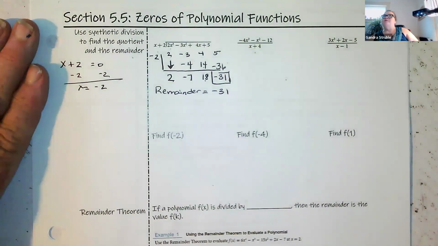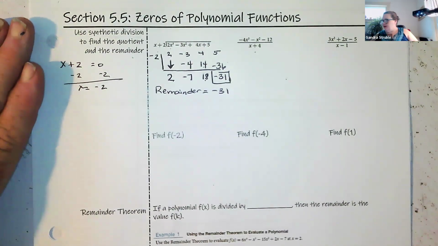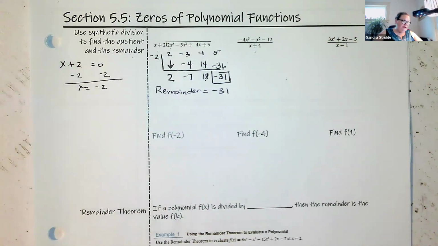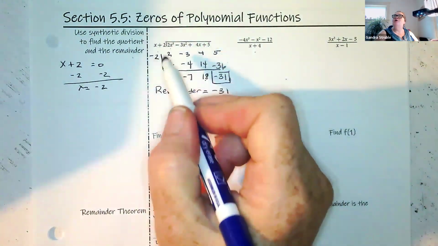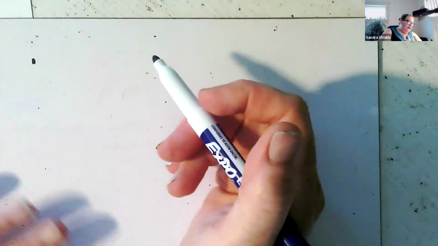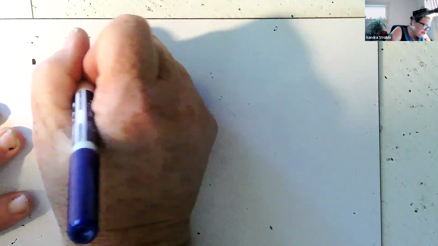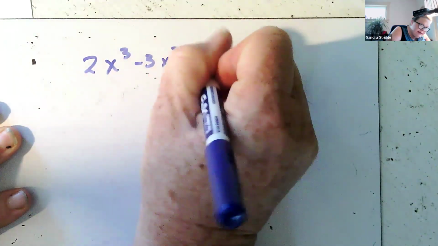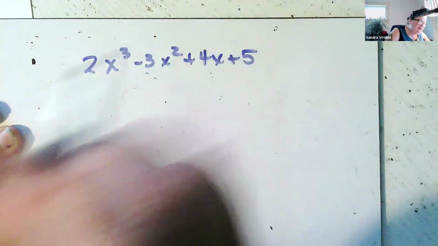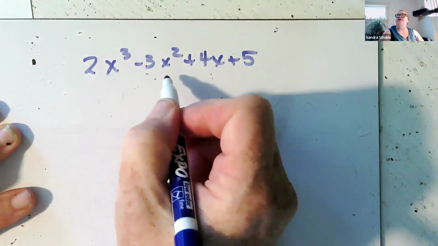I want to use my whiteboard because I don't want to use up all my space here. So f of -2, I'm going to plug in -2 only for the polynomial. If my polynomial is 2x cubed minus 3x squared plus 4x plus 5, I'm going to plug that -2 in for all of my x's.